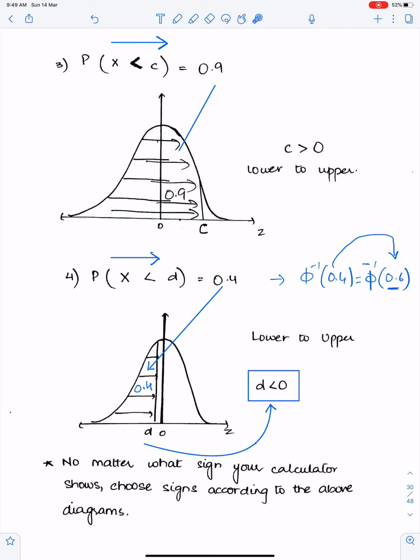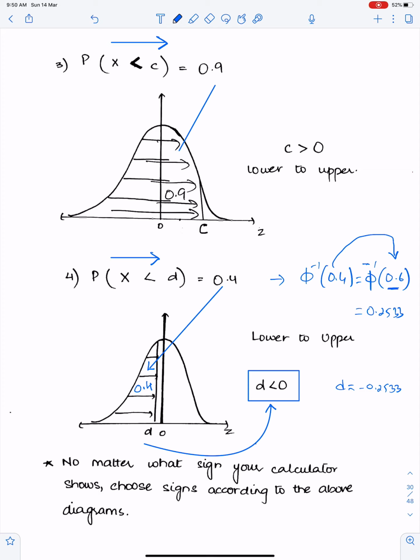Let me check the value of 0.6. The value of 0.6 is 0.2533. But since your d is negative, you just need to write minus 0.2533.